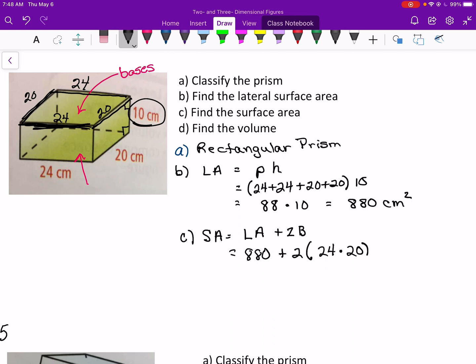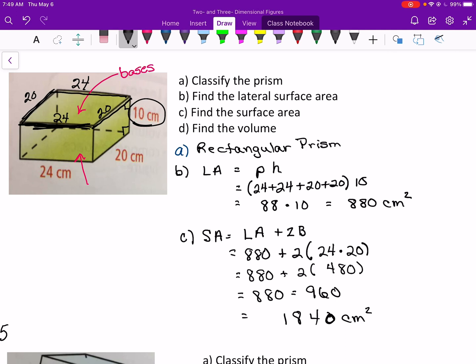And we all know to find the area of a rectangle, it's length times width or base times height. So 24 times 20, that's 480. 880 plus 2 times 480. That's 880 plus 960 and 14, 17, 1840 centimeters squared.